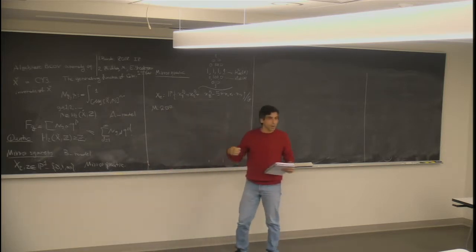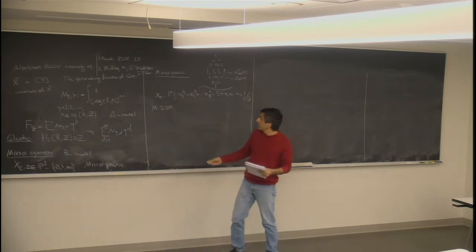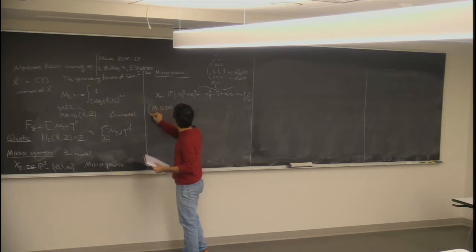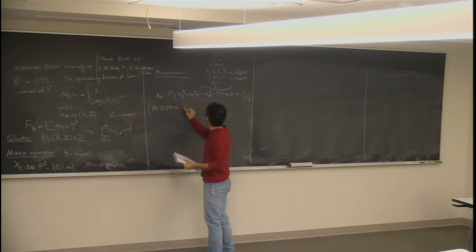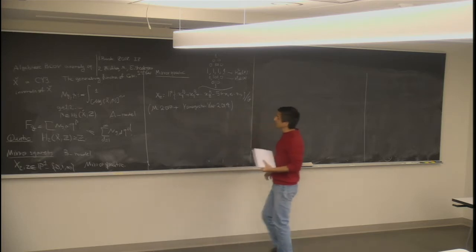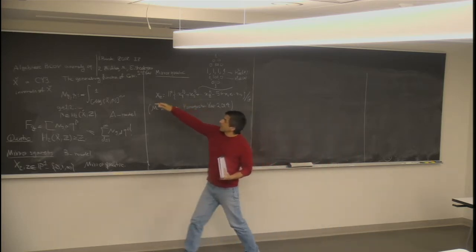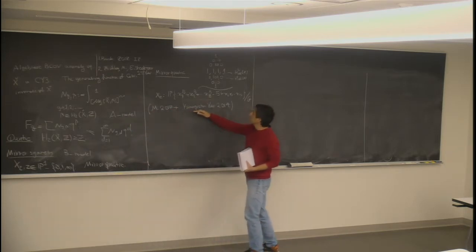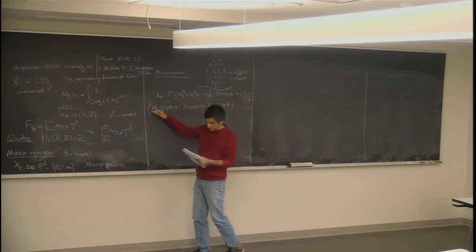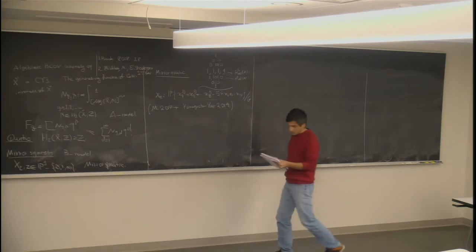I will show you the result of some computation, but at the end of the day, these are adaptations of some computation done after the BCOV article by Yamaguchi and Yau, and then the version that I could produce.